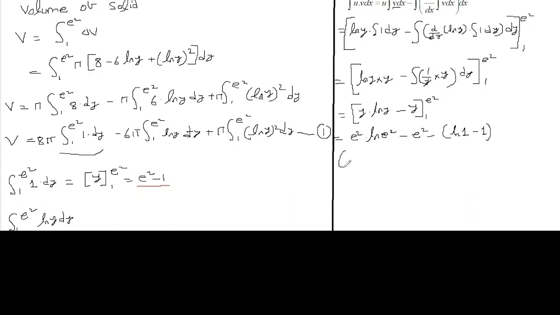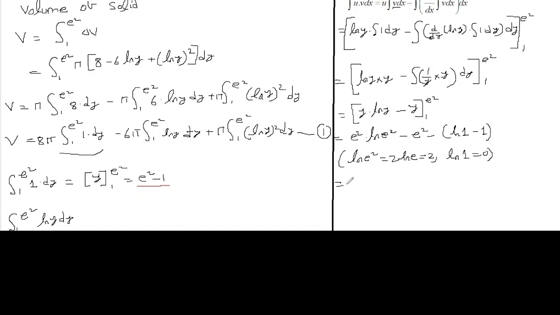Here you can use two values. First is ln e square can be written as 2 ln e, and ln e is 1, so finally we will get 2. And ln 1 is 0.